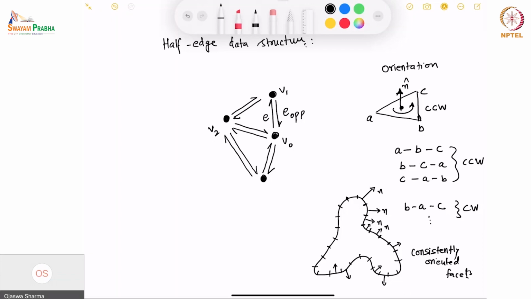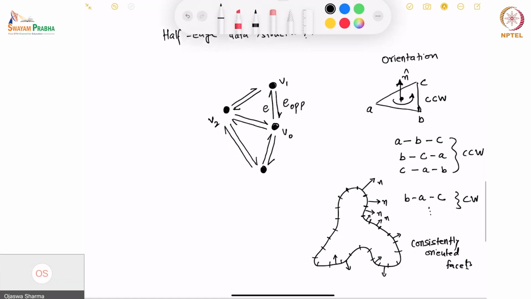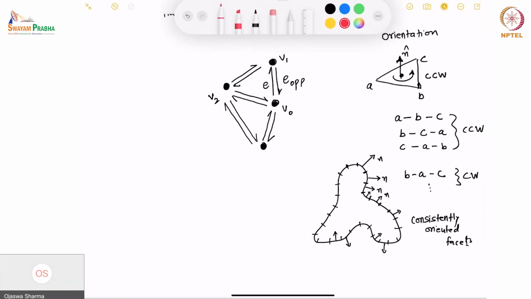It's just that display algorithms are optimized to remove any back-facing triangles. In this particular case, this guy is back-facing, this guy is back-facing.